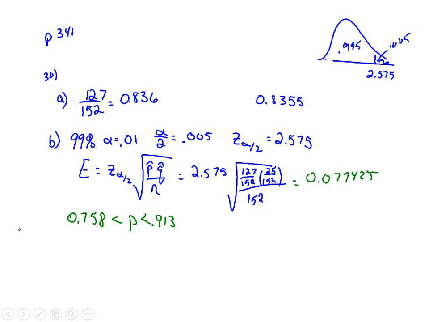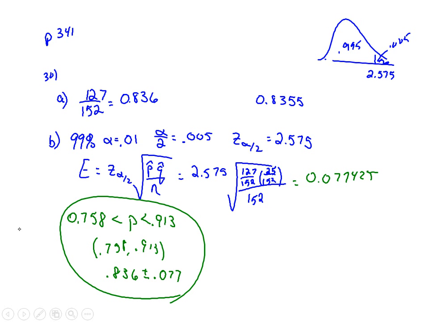You could also have written this as an interval, saying 0.758 and then 0.913, and that is my interval of values. Or we could have said it as 0.836 plus or minus 0.077. All 3 of those are telling me the same thing.